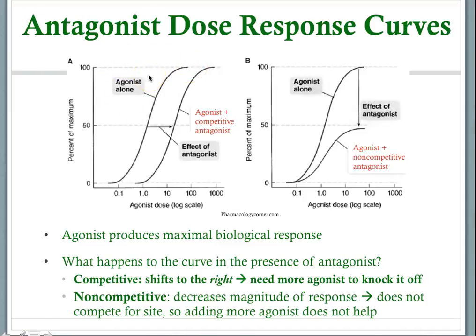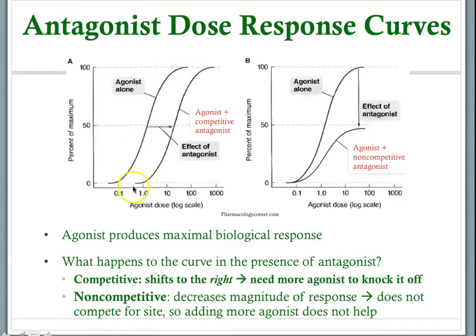Now we have another situation where we have the agonist present, but instead we have put a competitive antagonist in the mix. So let's say we have a bunch of cells that we've grown in a dish, and we've given an agonist that's going to activate these receptors, and it's going to produce a response. And we can keep increasing concentrations of the agonist until all of the response is met. So we've achieved 100% of our response.